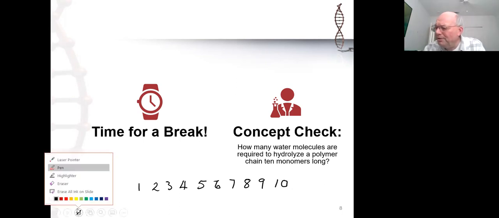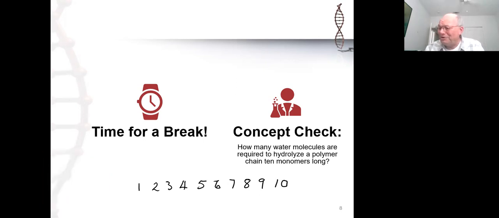And then I'm going to represent the covalent bonds that are linking them together with black dashes. So there's 1, 2, 3, 4, 5, 6, 7, 8, 9. If you've got 10 monomers in the chain, there's only 9 bonds that are holding those monomers together.